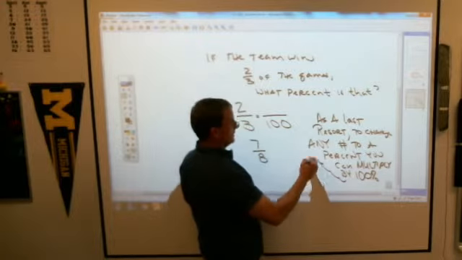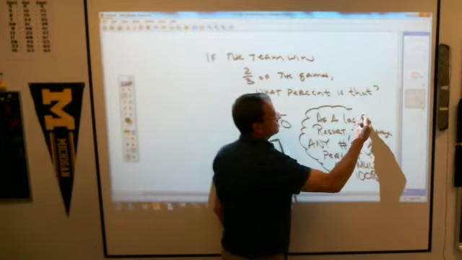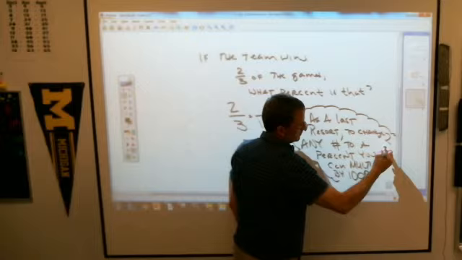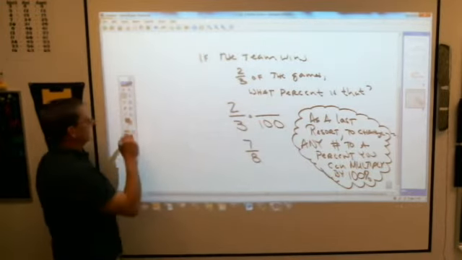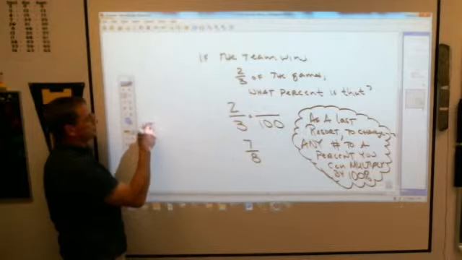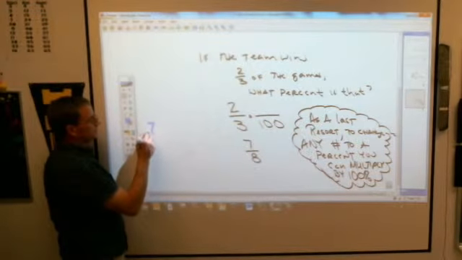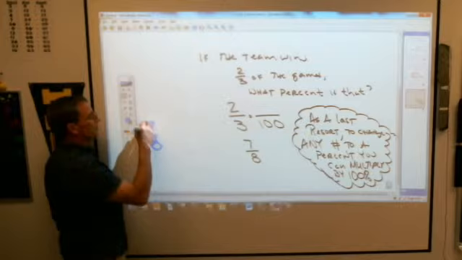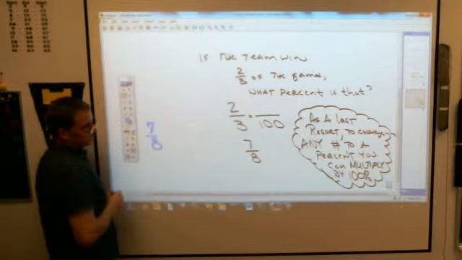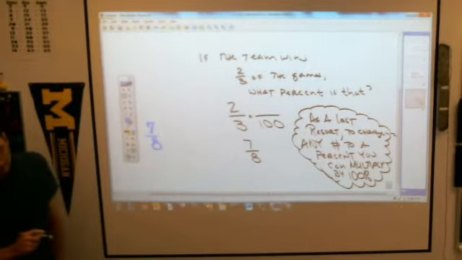That may or may not make any sense to you, but it will in a second. Give you a chance to write that down, and then we'll look at this. The reason you don't really want to multiply by 100% is just because it's a lot of work in the end.